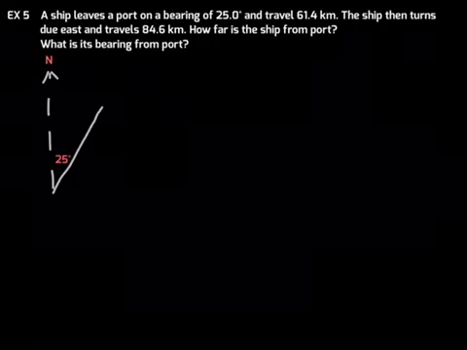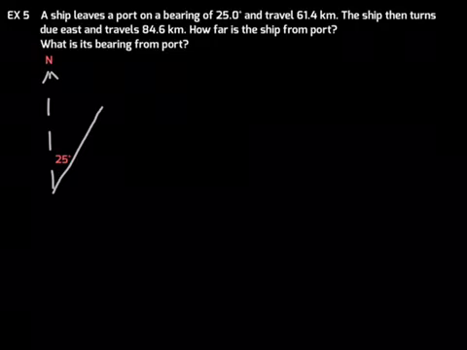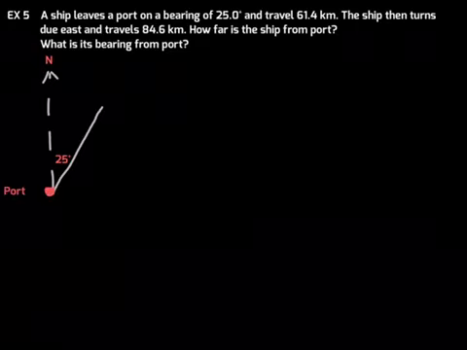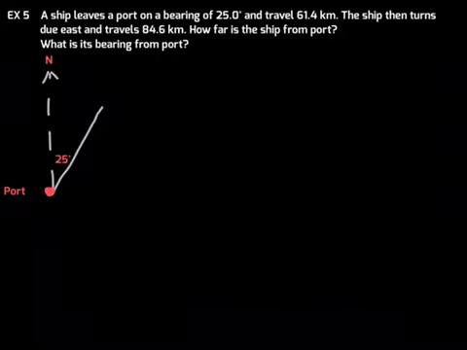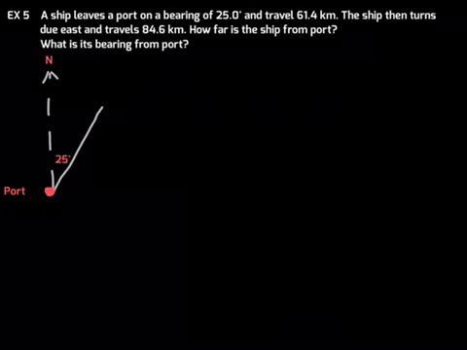First of all, the ship is leaving port. This is going to be port for me. It says it leaves on a bearing of 25 degrees. Now, remember from earlier studies, when they do not give us direction for bearing, it is assumed to be due north, and due north always is clockwise.